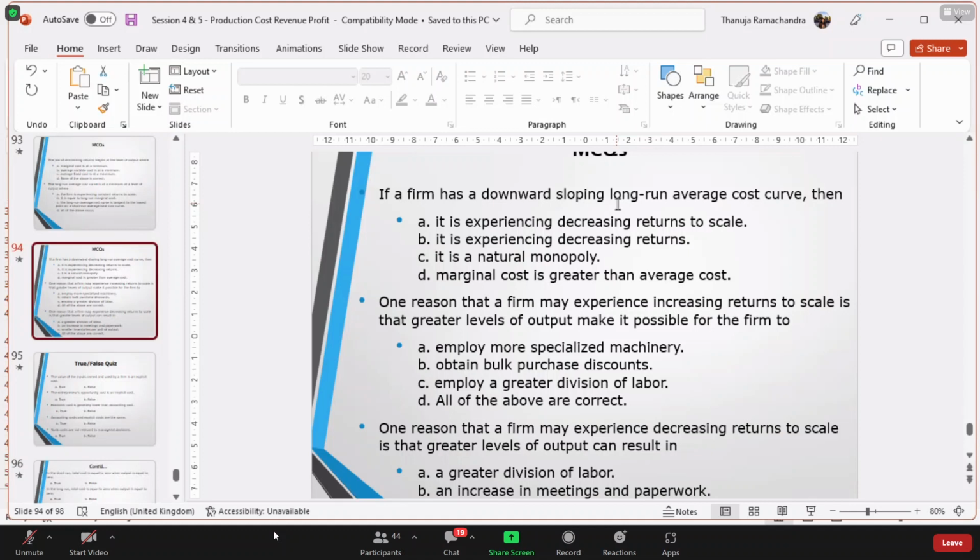Okay. Marginal cost is greater than average cost. That is also wrong, because marginal cost is below the average cost. So marginal cost is greater than average? No, there is no such situation.